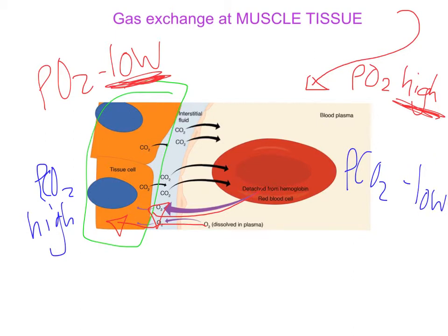So again, we go from high to low. The carbon dioxide diffuses from the muscle tissue into those capillaries. And remember that this deoxygenated blood, as it goes past, will then leave and make its way back up to the heart to be pumped back up to the lungs, and that's where we started on the previous slide.